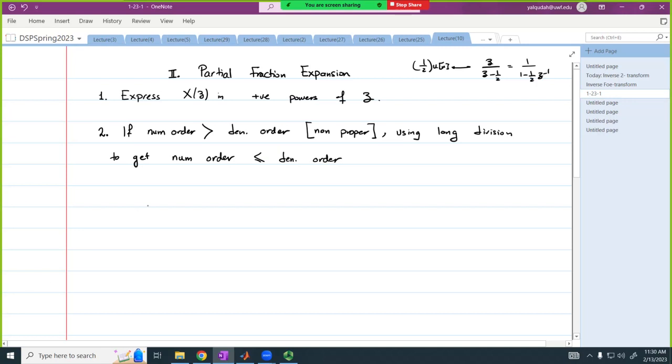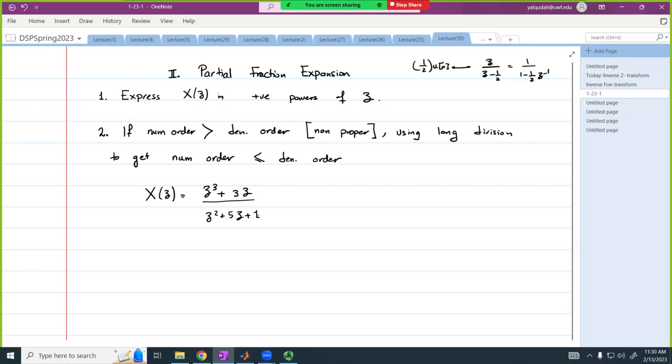So for instance, if I want to find x of z equal to z cubed plus 3z divided by z squared plus 5z plus 1, I notice that the numerator has a higher order than the denominator.